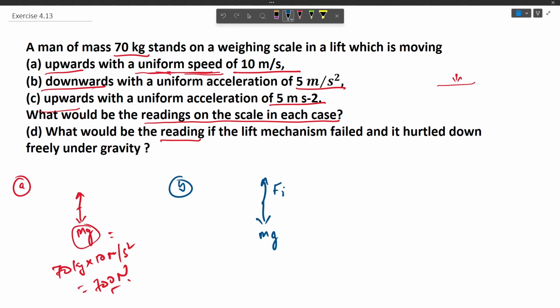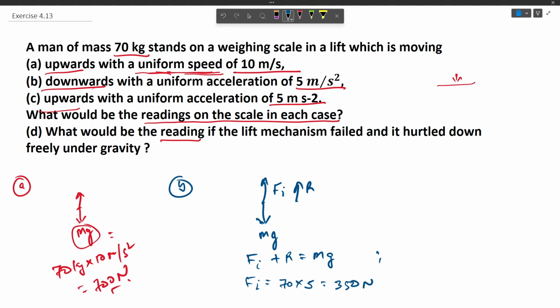Let the reaction force that is applied by the weighing scale on the man be R. Now balancing, we have Fi plus R equals mg. Here Fi would be equal to mass times acceleration, that is 70 multiplied by 5 meter per second square, that is 350 Newton.